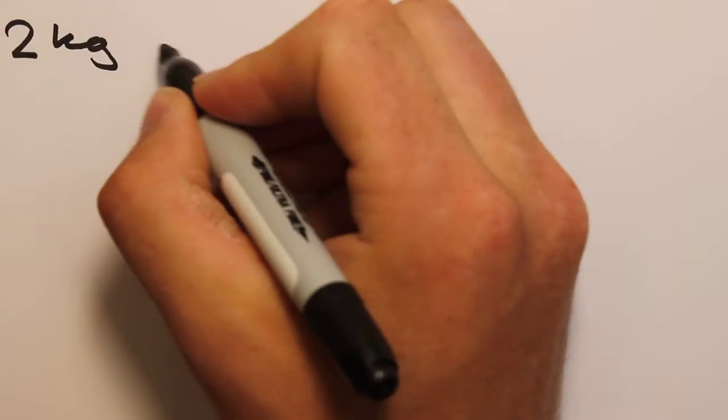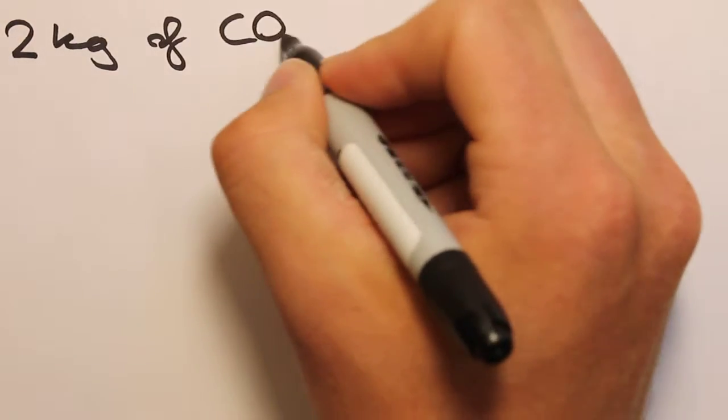The first bit of key information from this question is that we have 2 kilograms of carbon dioxide. We have to be careful here because we don't actually work in kilograms very often in chemistry. We work in grams.